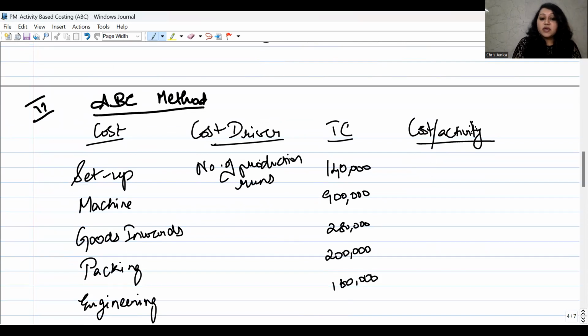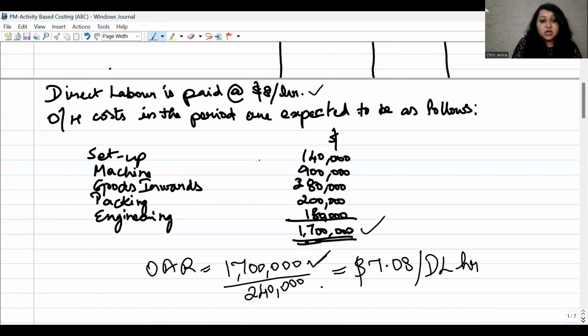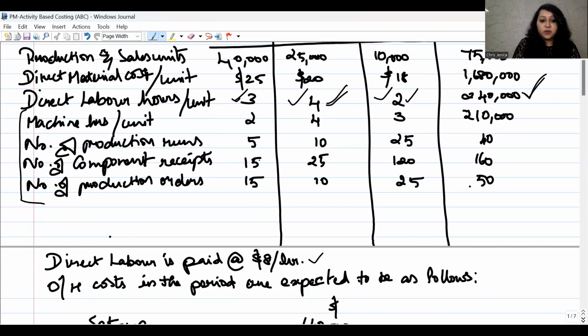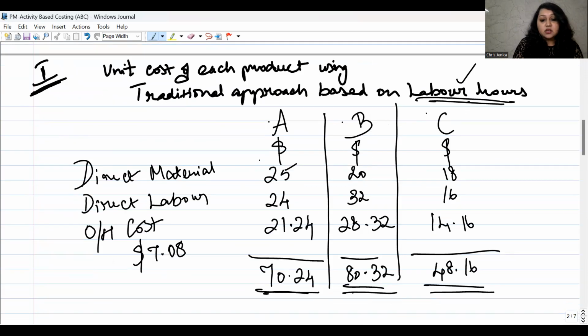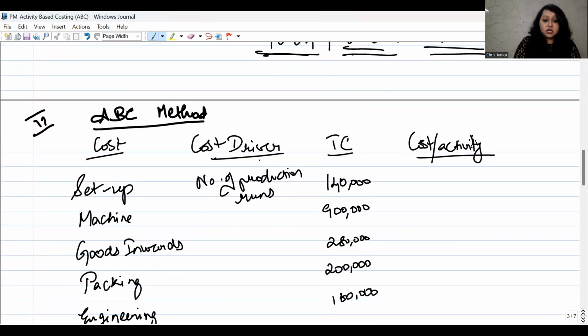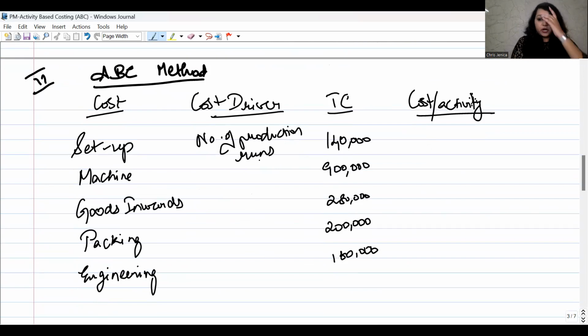Then machine, you can directly say it's going to be machine hours, as per the question. So basically, what is this machine hours? If you are a production department, normally you are more dependent on the machine. You have some labor who operate the machine. But for example, if you are producing a product which involves molding, say you are making some statues, you need molding and painting. Then there are two divisions, molding and painting.